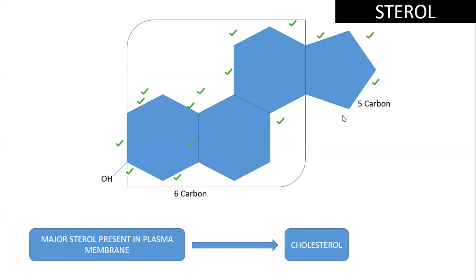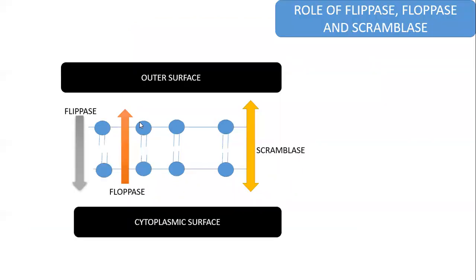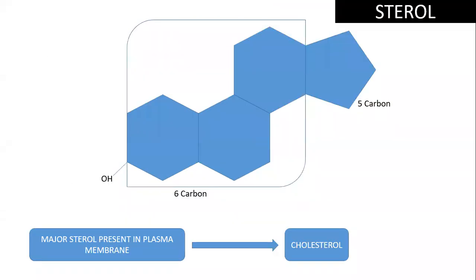This is the peculiar and important structure of the sterol. The most abundant sterol present in the plasma membrane is cholesterol. So these three, the phospholipid, glycolipid, and sterols, are the basic parts of a lipid bilayer.